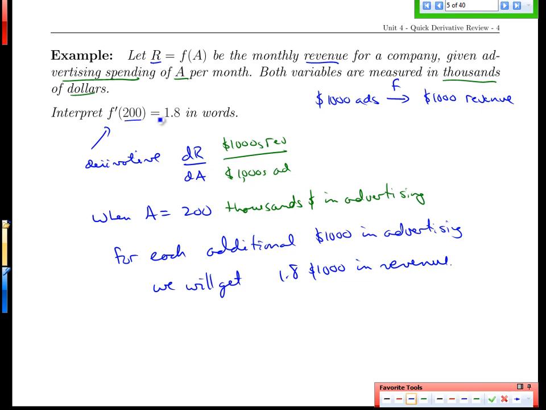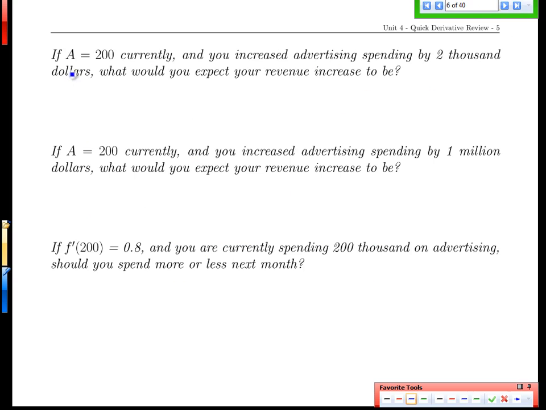The 1.8 means for every increase in our input in the advertising, we expect to get 1.8 times that in revenue back. Let's put that into practice and see if that helps settle it in.